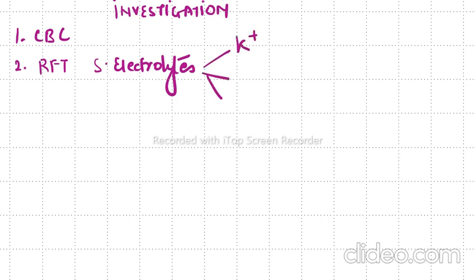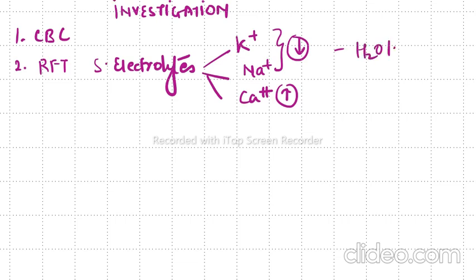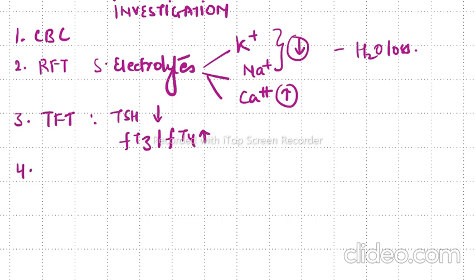In potassium, sodium, and calcium, sodium and potassium will be decreased and calcium will be slightly raised. These are decreased due to water loss in the patient, diarrhea and vomiting, all those symptoms. Next, thyroid function test. In thyroid function test, we have already seen that TSH will be low and free T3 and T4 levels will be high.